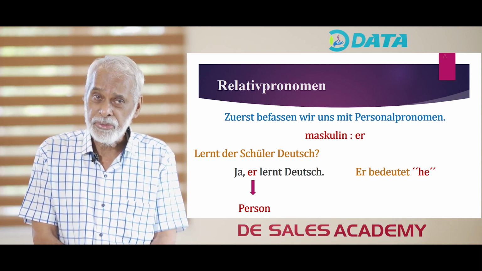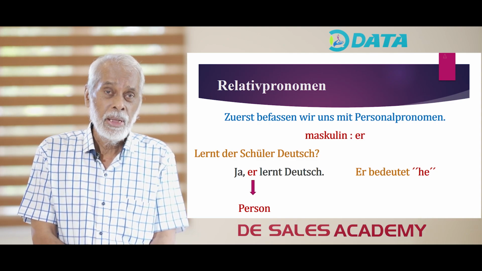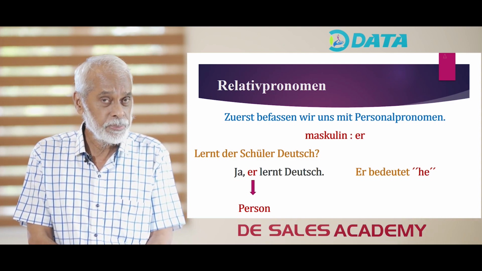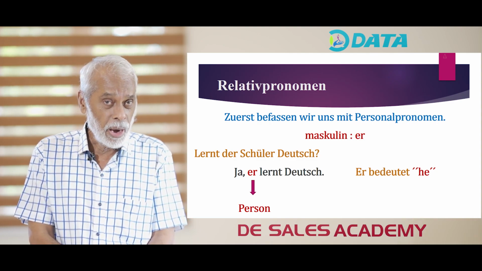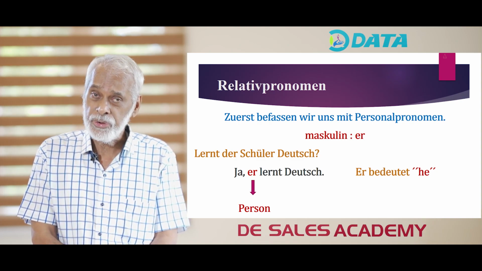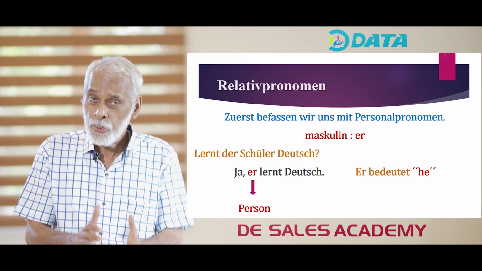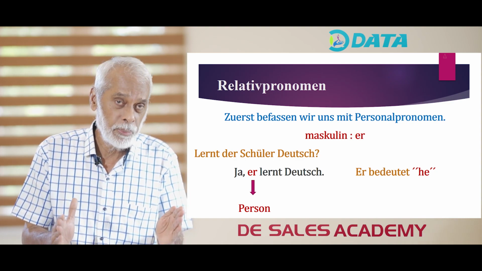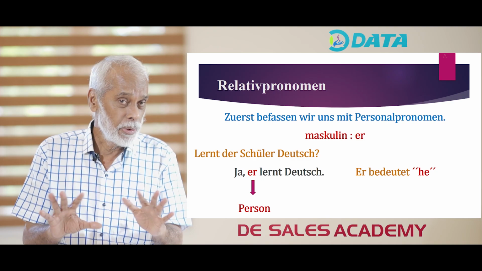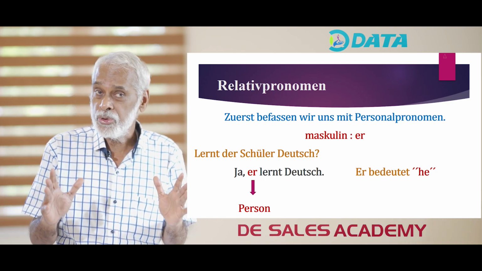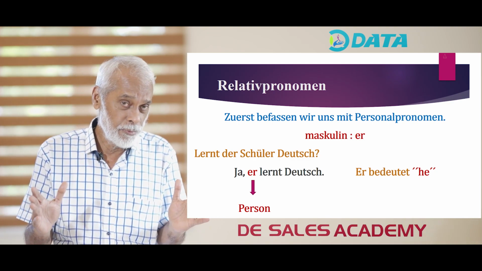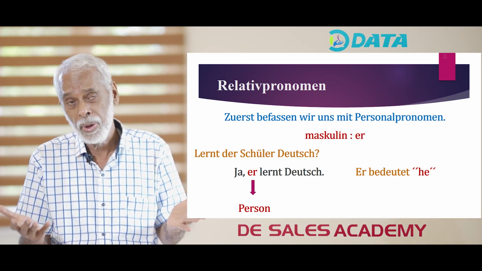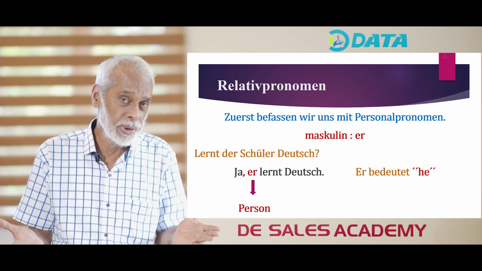I will read the Beispielsatz once again. Lernt der Schüler Deutsch? Ja, er lernt Deutsch. So here, er is a person, it's a pupil. We will avoid any terms like student. In German, the word Student means somebody who is undergoing a study in the university.